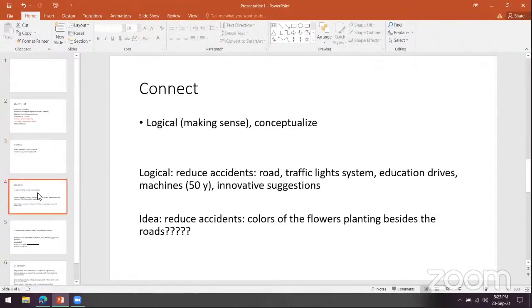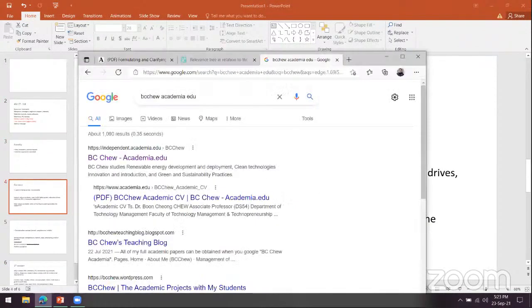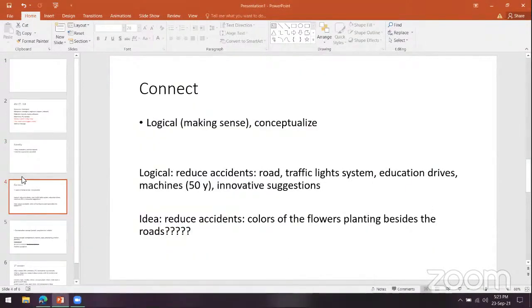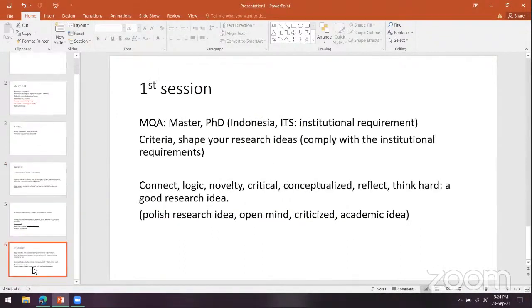After how to read critically. Okay, so I might repeat a little bit over here. As I said, remember about how you connect, how you make sense, conceptualize. And also, remember the first session, we went through the qualifications and the institutional requirement.